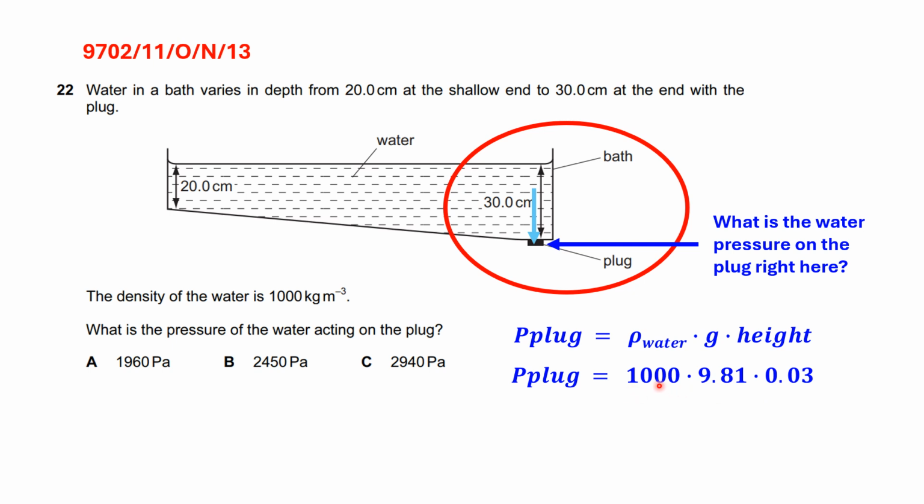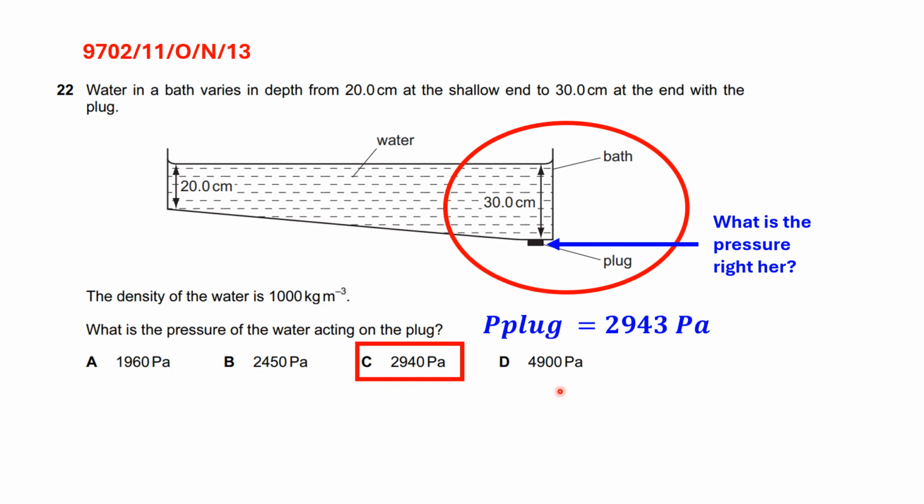Doing the value substitutions, 1000 times 9.81 times the height in meters, 0.03. And the answer of this product is 2,943 Pascal. So the closest answer is C.